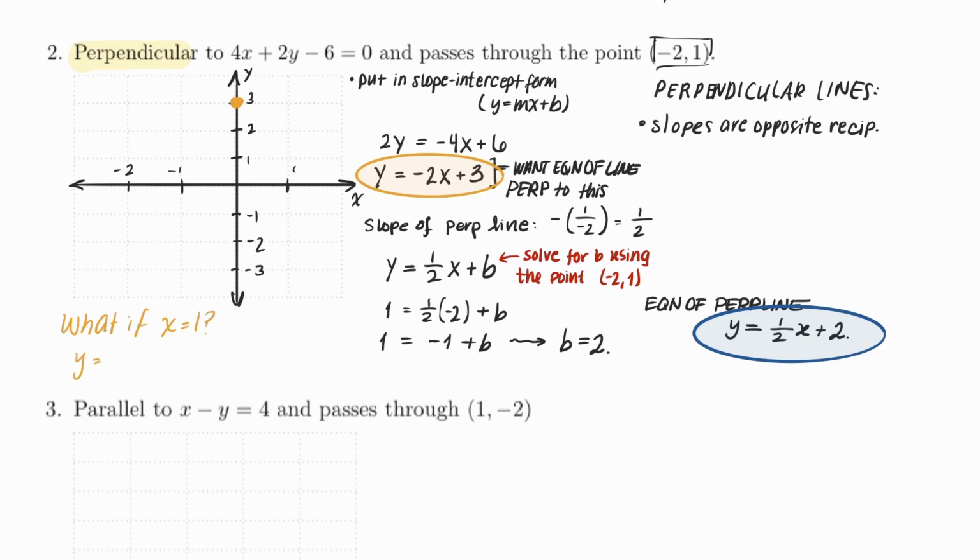So when I plug in x equals 1, I get -2 times 1 plus 3, which is 1. So the point's going to be 1, 1. So I'm going to draw that on my graph and then attempt to draw the line going through these.